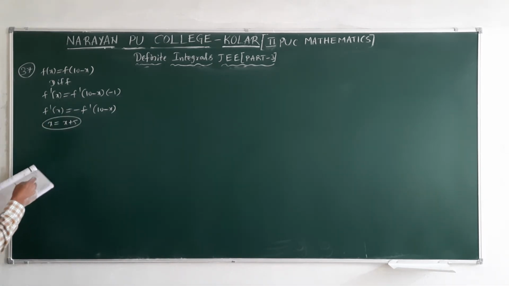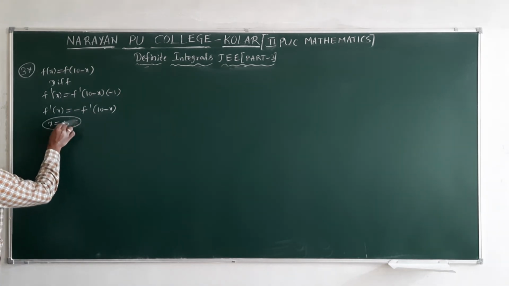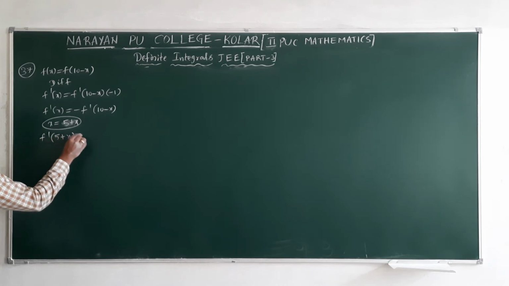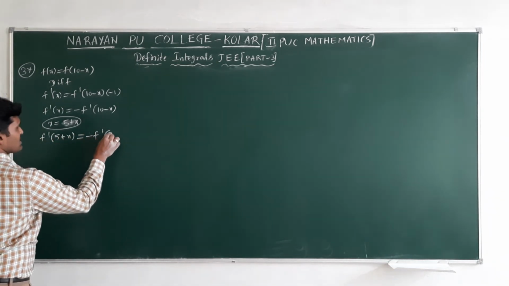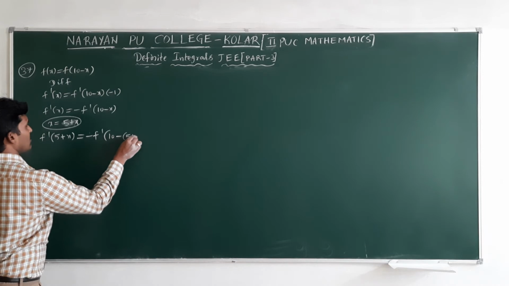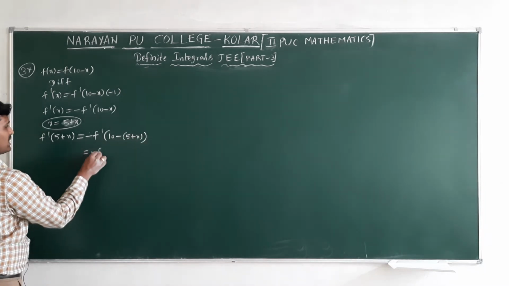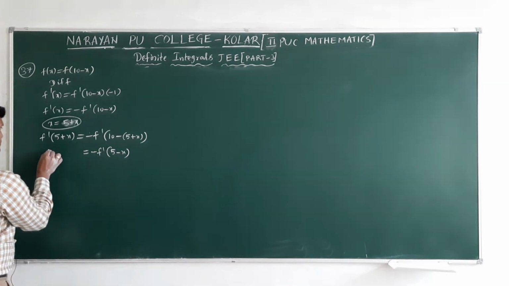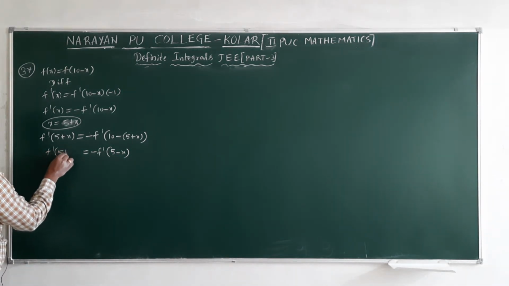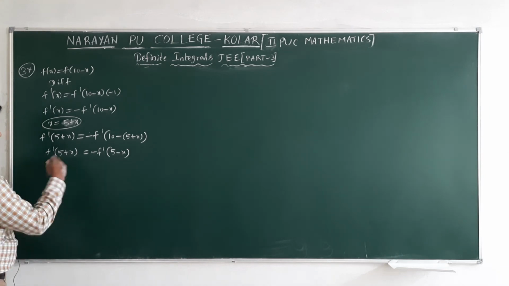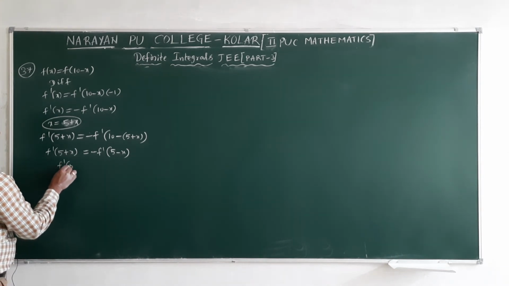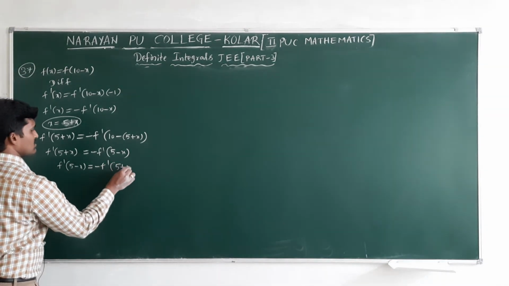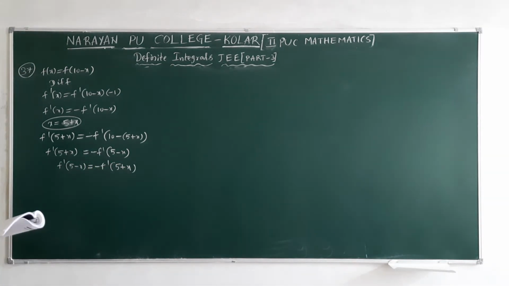That value we need to find here, or 5 plus x, no problem. f dash of 5 plus x equal to minus f dash of 10 minus of 5 plus x, that is minus f dash of 10 minus 5, that is 5 minus x. Send this minus to this side. f dash of 5 minus x equal to minus f dash of 5 plus x.